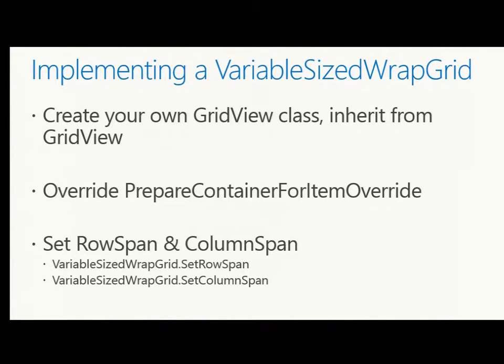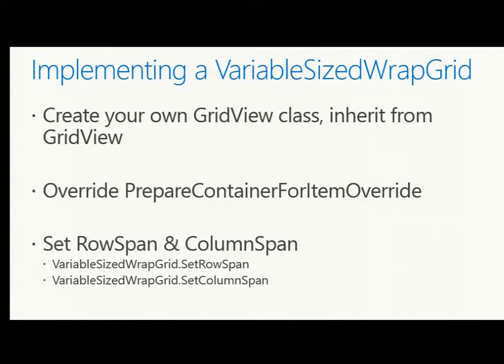And in this method, you have to set the row and column span that the variable sized wrap grid should apply to that item. So it's a bit like using a regular grid in XAML and the row span and column span properties of items in that grid.